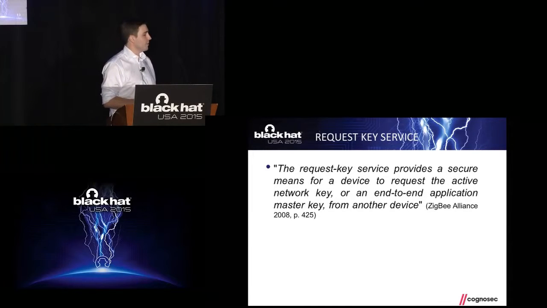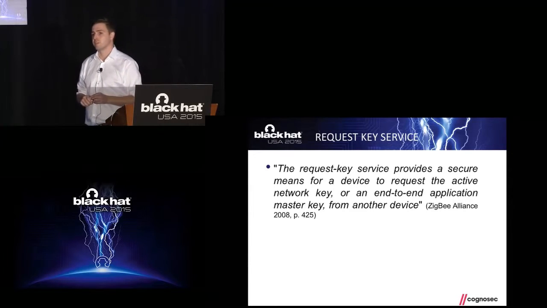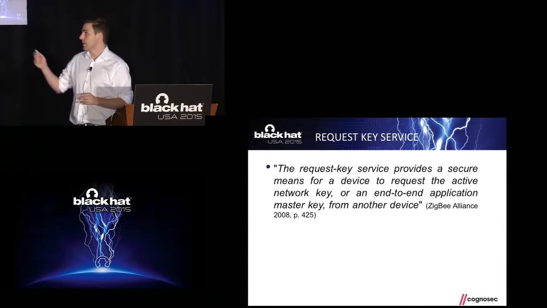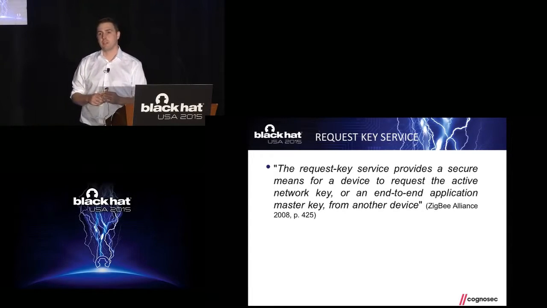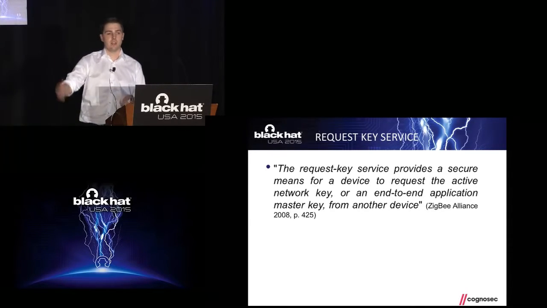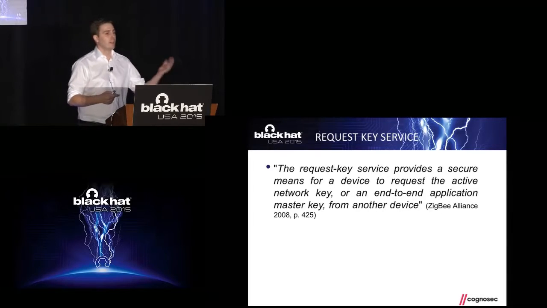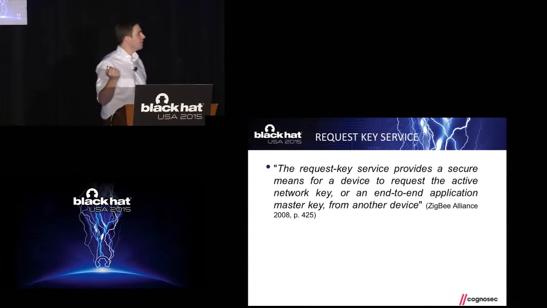As an example of bad implementations, we will bring up a service called request key. Usually it's meant for when devices want to establish link keys: one device asks the other one, give me a link key, and now we will establish link keys and communicate using these keys for encryption. But it also states that you could use it for active network key requests.